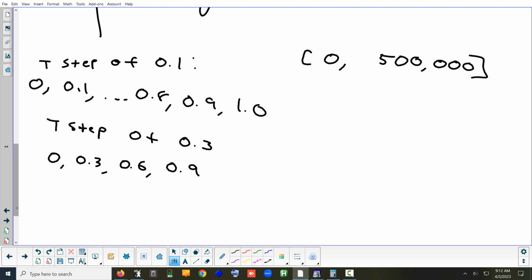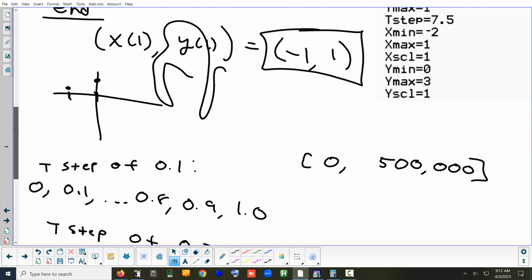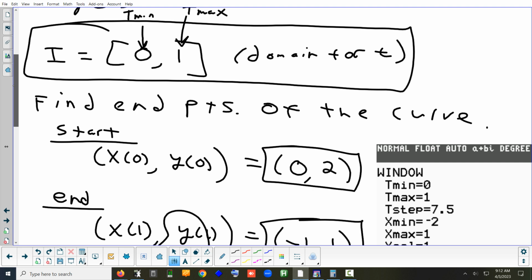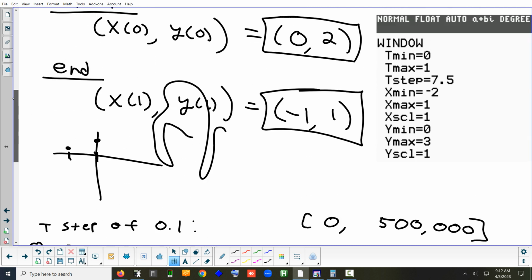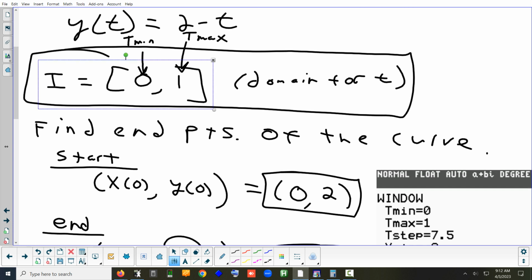What would come after 0.9 if we're stepping in increments of 0.3? 1.2. Now, t max is 1. You can't do 1.2. So you're not going to get a full picture of your graph, because the last value you could plug in for t was 0.9. You're going to have a gap between 0.9 and 1. So you don't want to pick a t-step that doesn't land at the t max.